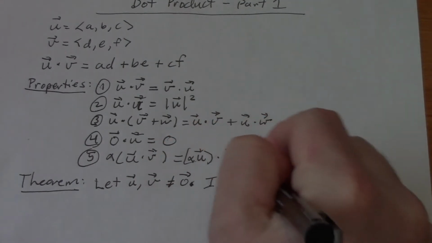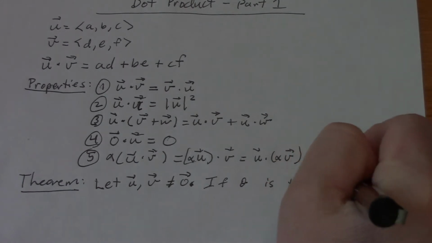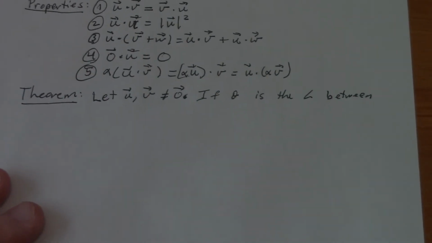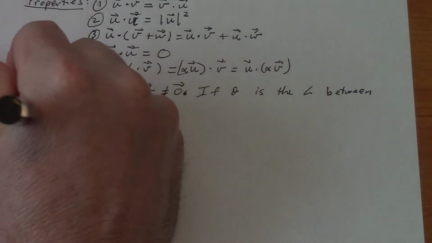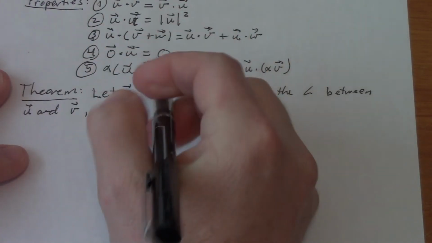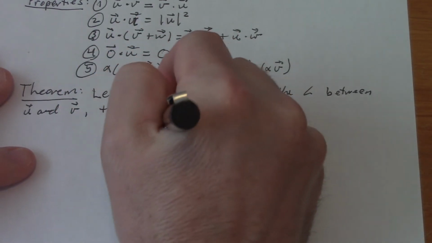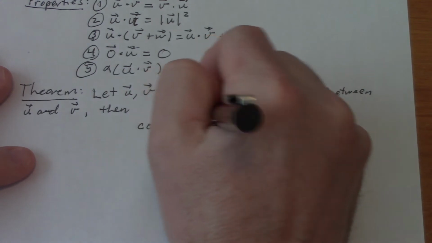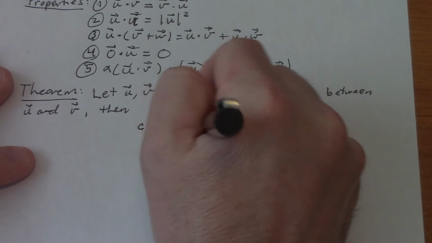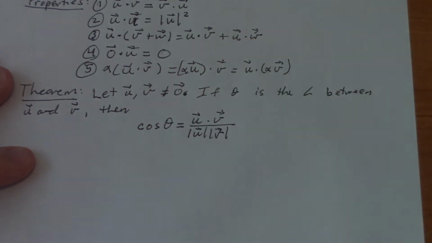If theta is the angle between U and V, then, alright, we have a formula. Cosine of theta equals U dot V. Yes, there's trig, rearing its ugly head. U dot V over the magnitude of U times the magnitude of V.